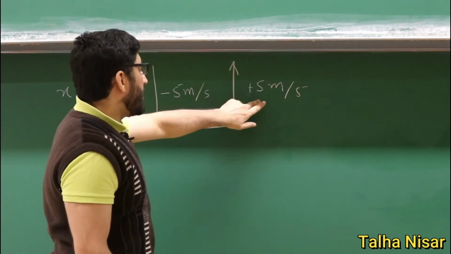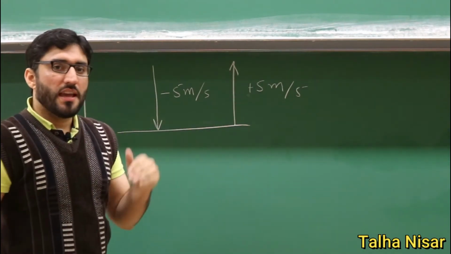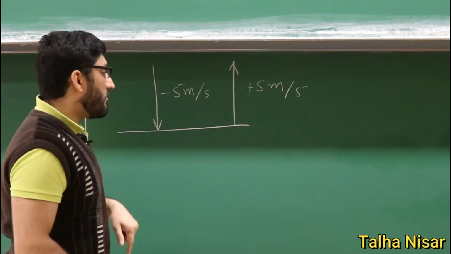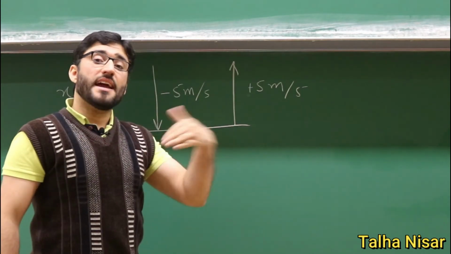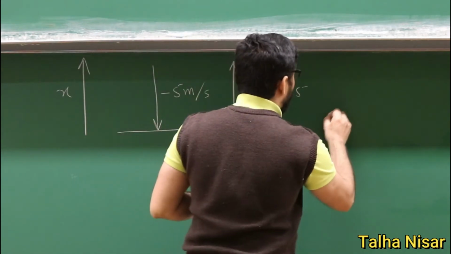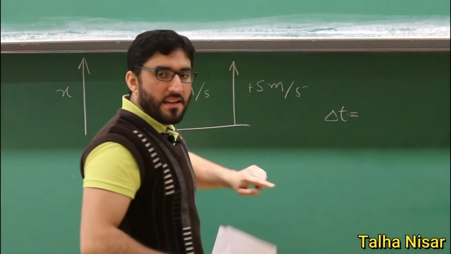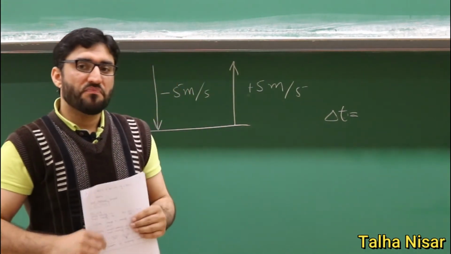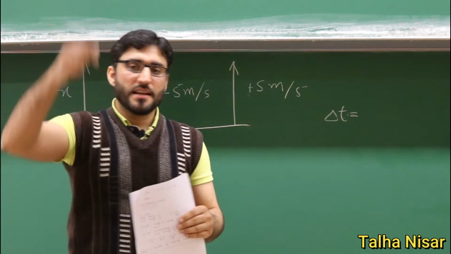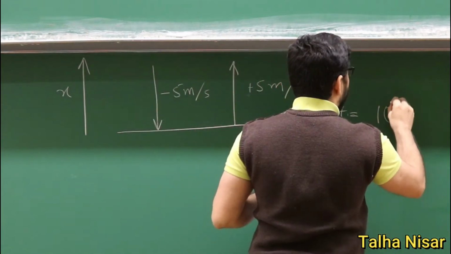So there is a change in velocity, but the change of the velocity actually happens when it hits the ground. So we want to know that impact time, and that time is extremely short in this case, because when it hits the ground, it immediately comes back.